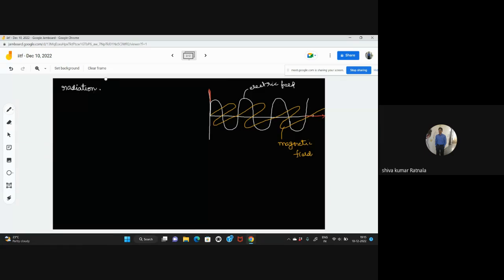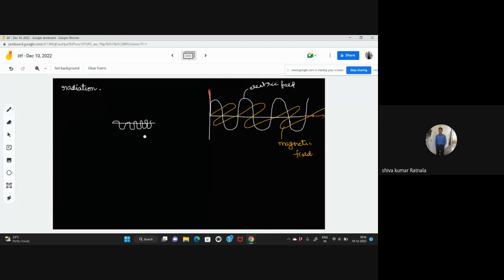To understand this, let me assume the direction of the wave is in the x direction. That means in the y direction we are going to have the magnetic field, and in the z direction it can have the electric field.